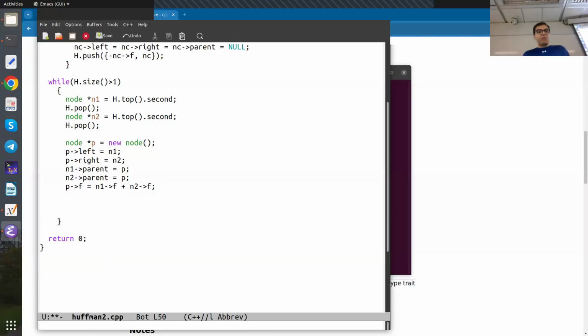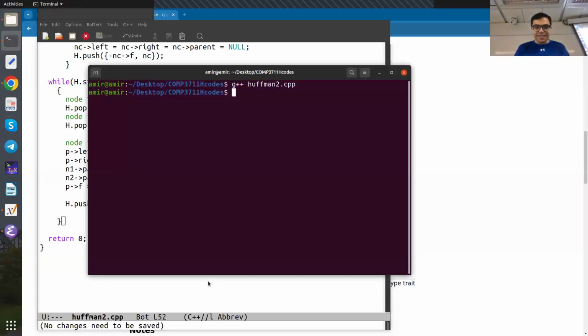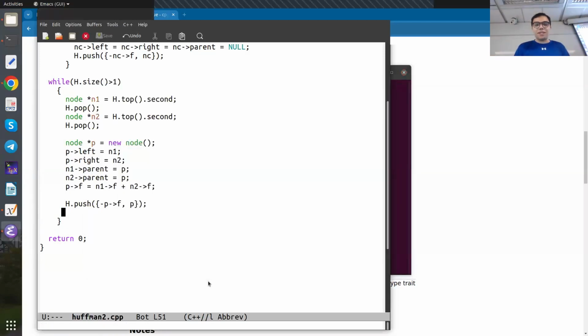And now I have to add P to my heap. So I just say h.push. And remember that I have to put minus P's frequency here, right? And that's it. That creates my Huffman tree.